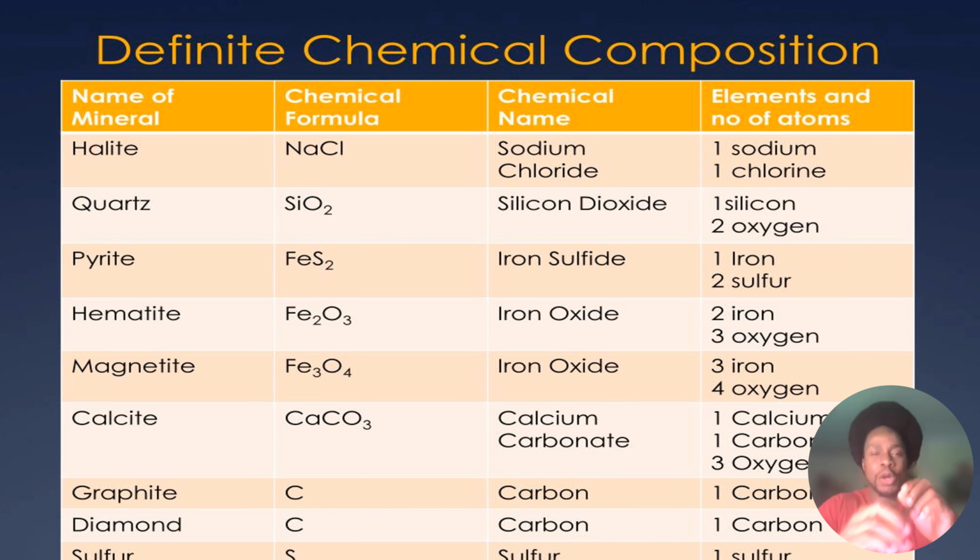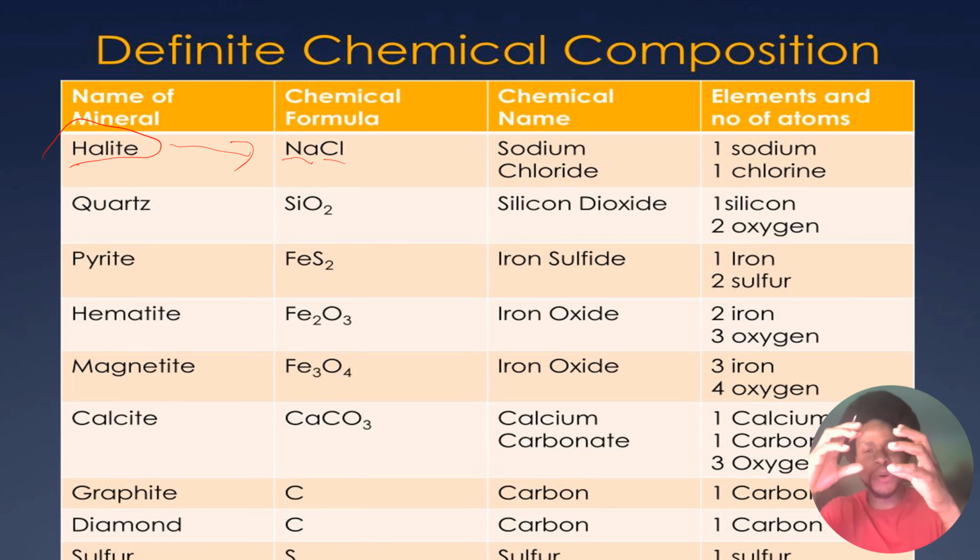So talking about chemical composition, let's take the mineral halite, for example. This mineral is composed of sodium and chloride, right? So sodium and chloride are elements. So elements come together to form minerals, and minerals come together to form rocks. All right. So rocks are made up of minerals, and minerals are made up of elements.